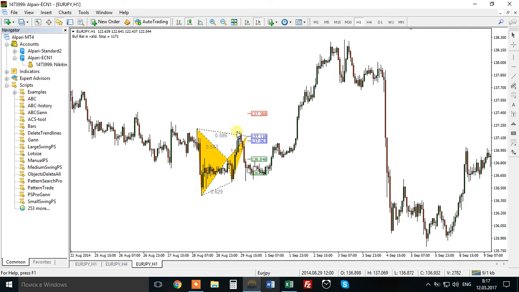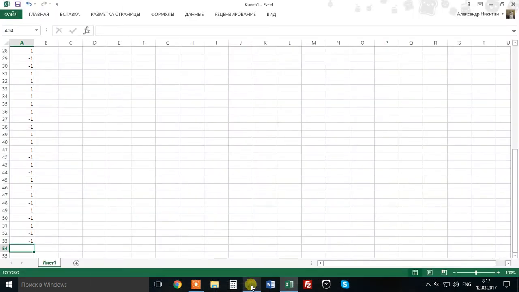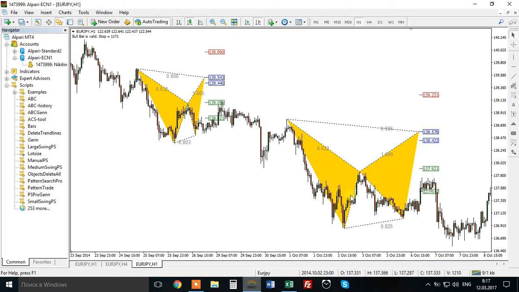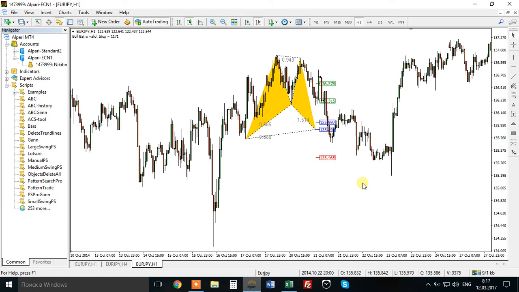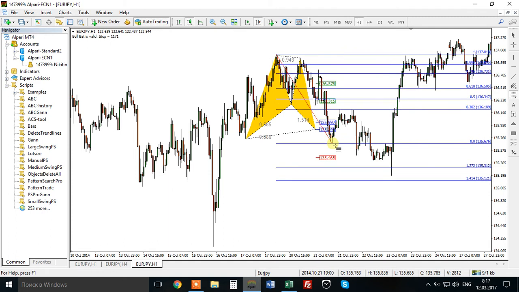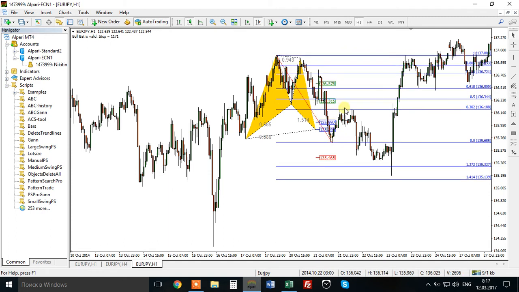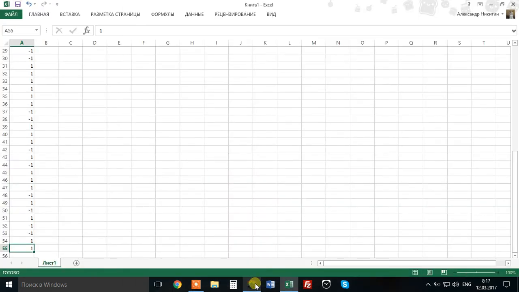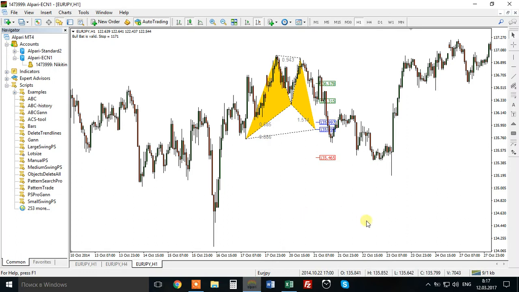What is this? This was a winner. Nothing. What is this? This was a winner. You see, hitting the 382. One more winner. 55 trades already.